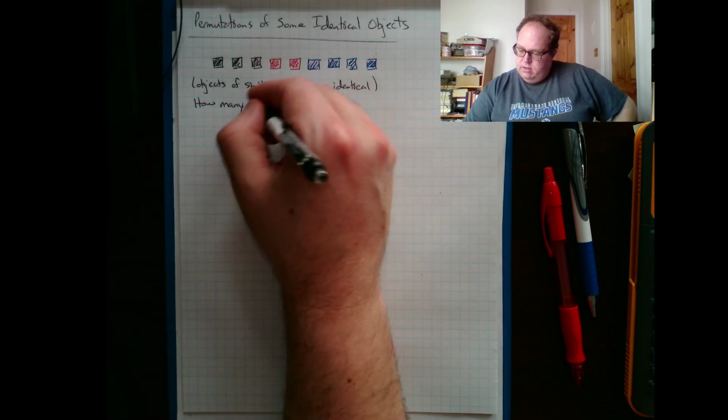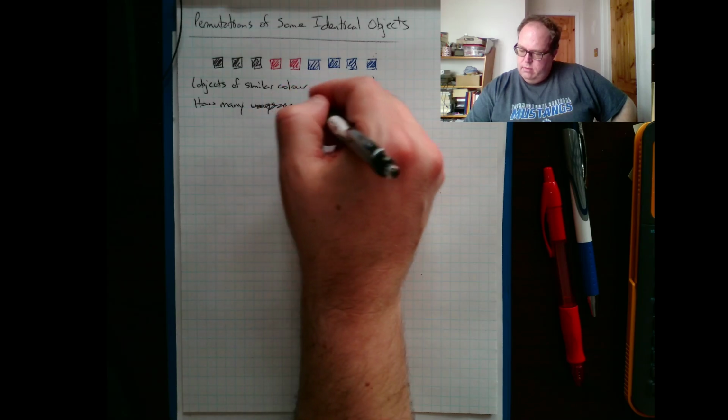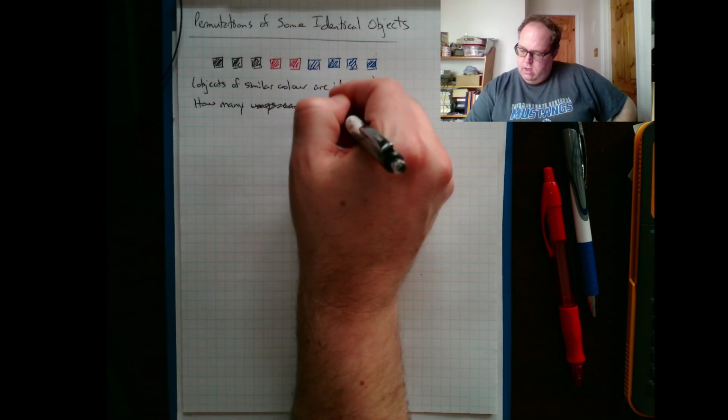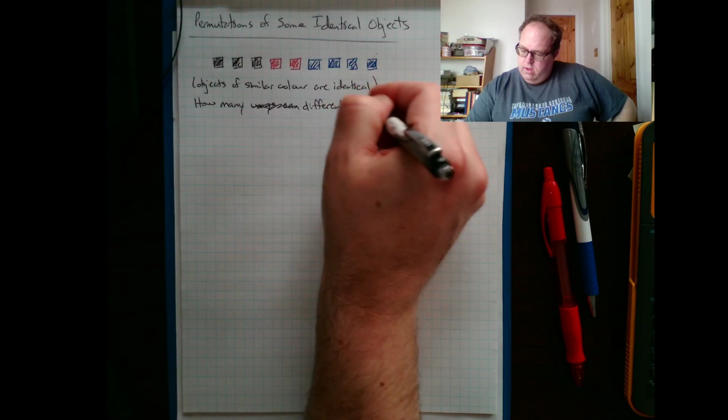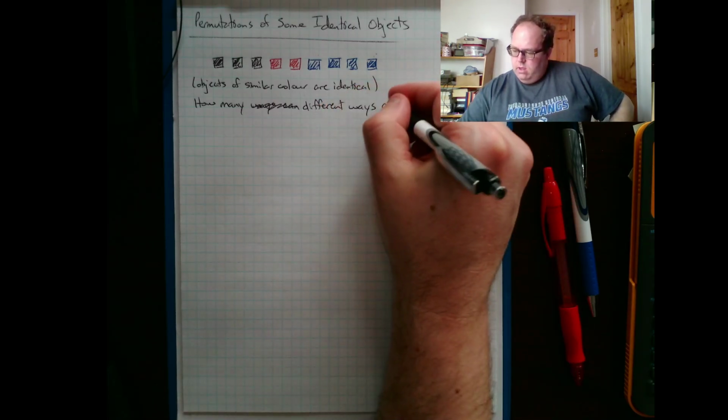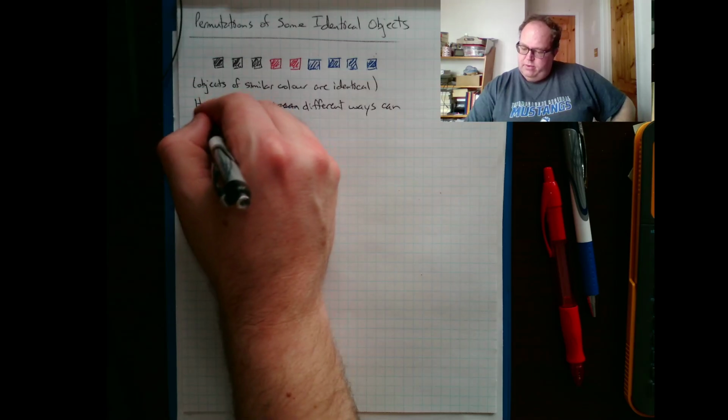How many, I should say, different ways can these objects be arranged?